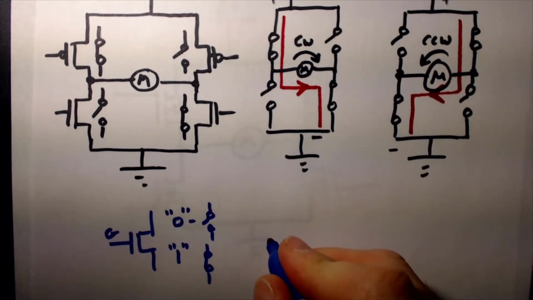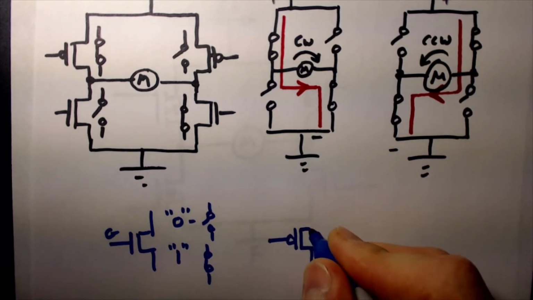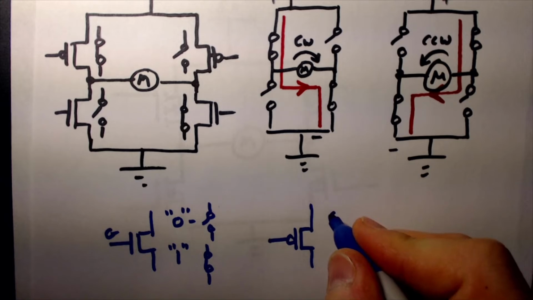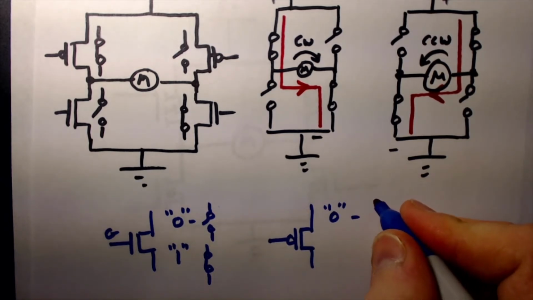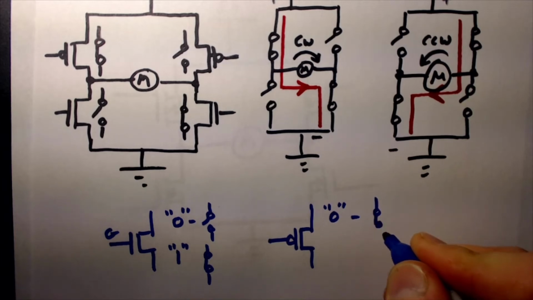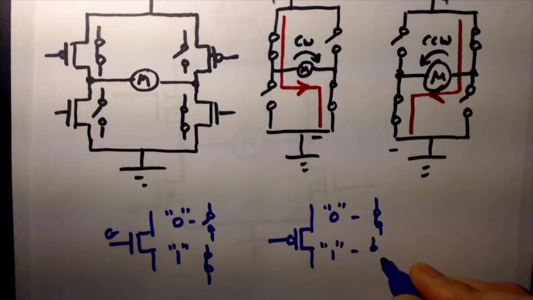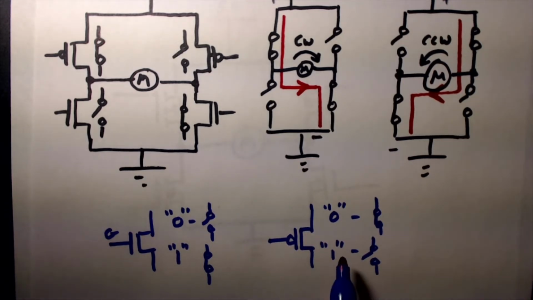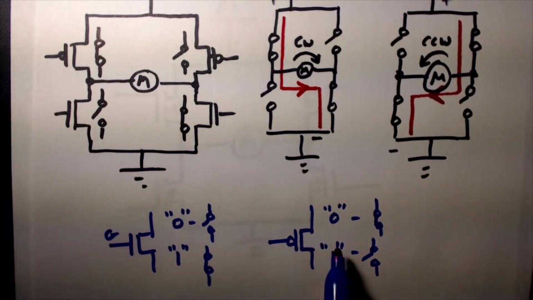For a P channel, it's just the opposite. A 0 makes this closed, and a 1 makes this open. Okay, so it's just inverted logic at that point. I guess you can think of your P-channel MOSFET as being active low.